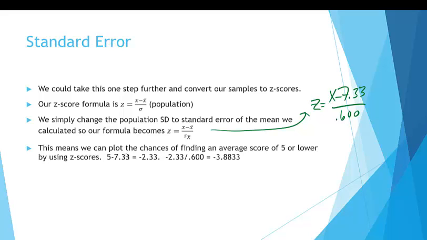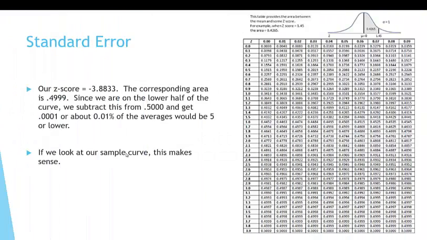So let's convert drawing an average of 5 to a z-score, and then put it on that normal curve that we just looked at. So we just plug 5 into our formula up there that I wrote in green. 5 minus 7.33 over 0.600. So our numerator, 5 minus 7.33, is negative 0.233. Negative 0.233 divided by 0.600 equals negative 3.8833. Let's take that and look at the corresponding place on our chart.